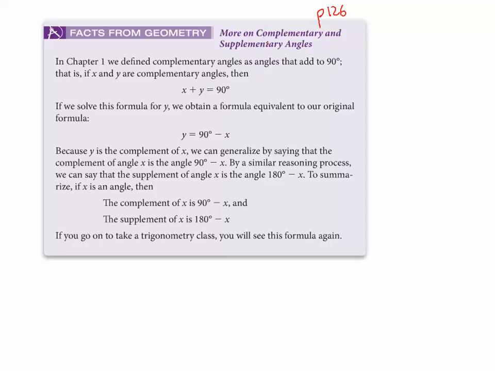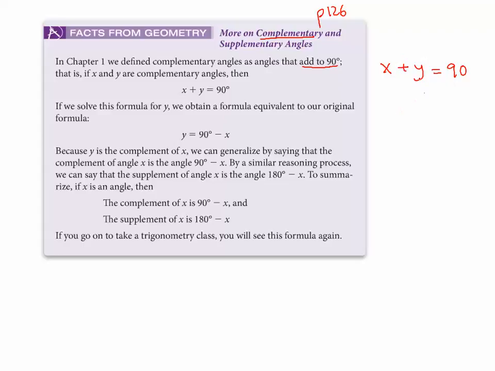We talk about complementary angles. What are complementary angles? Complementary angles are angles that add up to 90 degrees. Now, the way you would write it, I'm going to just kind of rewrite this as we go. The way you'd write it is x plus y equals 90. Good? Except, you know, I want to actually have this solved for.